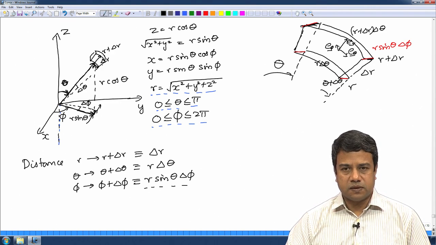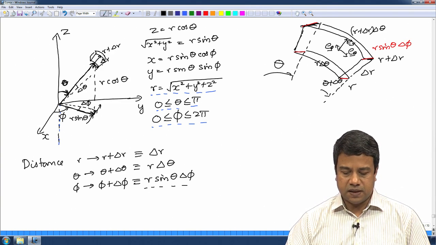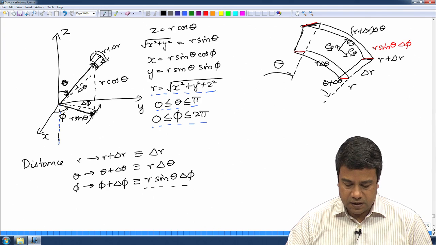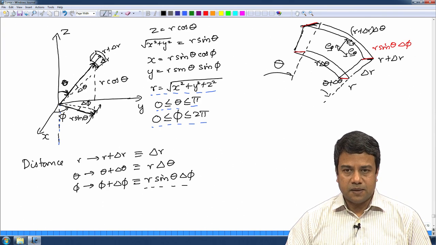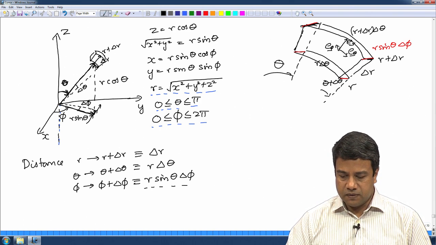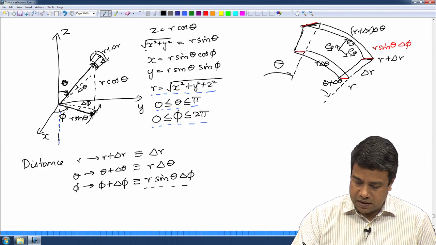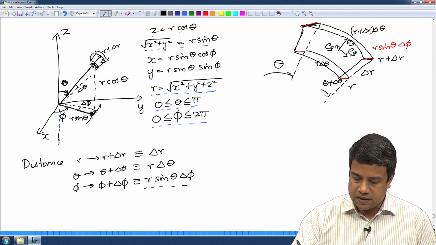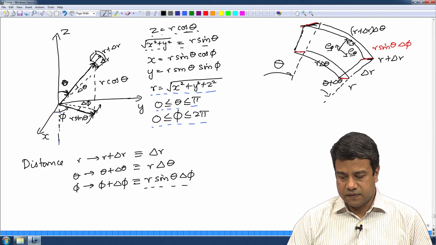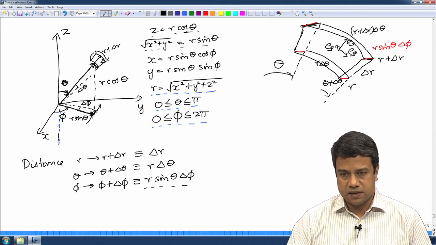And phi goes from 0 to 2 pi, because phi is the angle made by the projection of the radius vector onto the xy plane. That projection makes an angle phi with respect to the x axis. Therefore, the projection is given by r sin theta and the z coordinate is given by r cos theta. Therefore, x is r sin theta cos phi and y is equal to r sin theta sin phi.